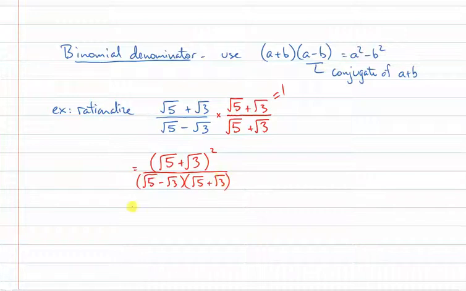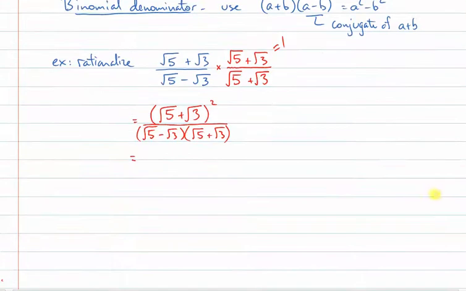I just wrote it this way to make sure it's clear for you. Okay, we're going to take advantage of 2 patterns though. On the denominator, I'm going to use this rule up here, and I'm going to say a squared minus b squared. That's the denominator simplified, or mostly simplified.